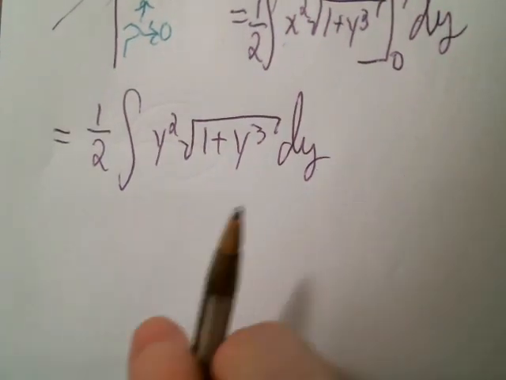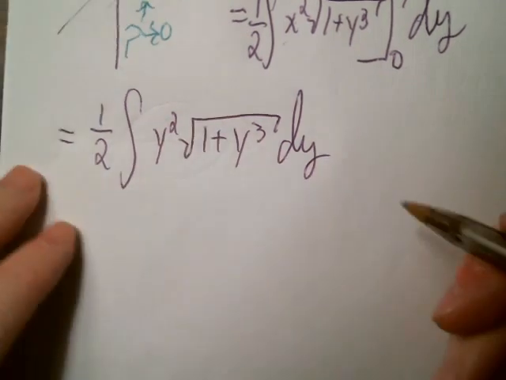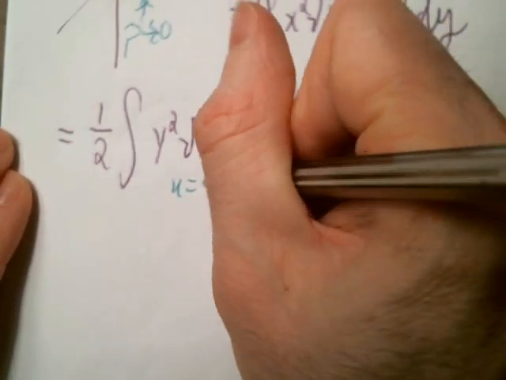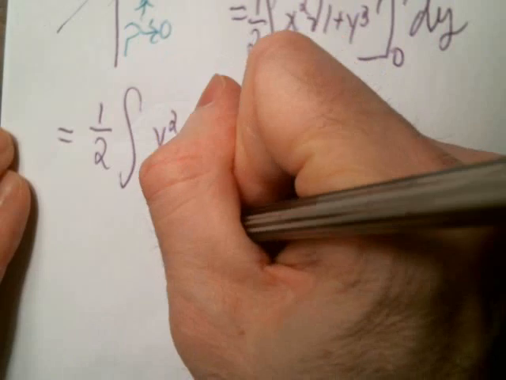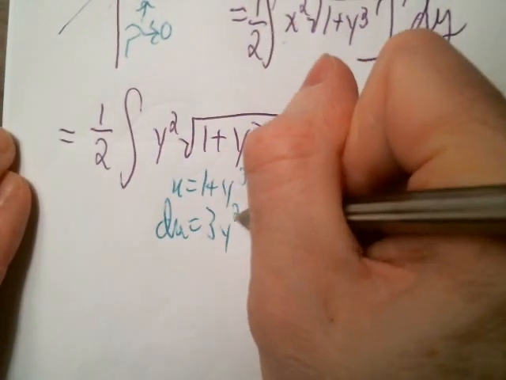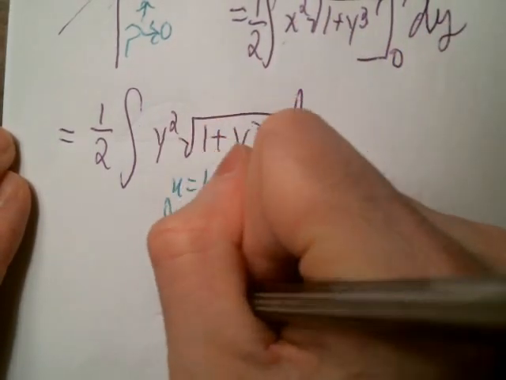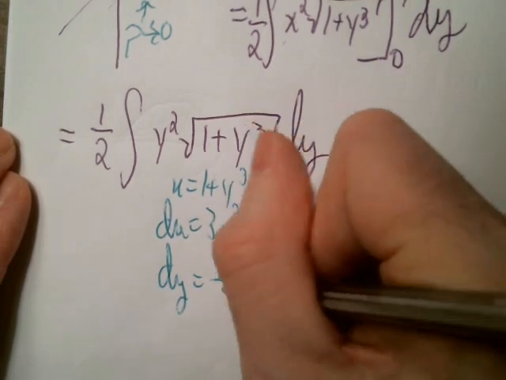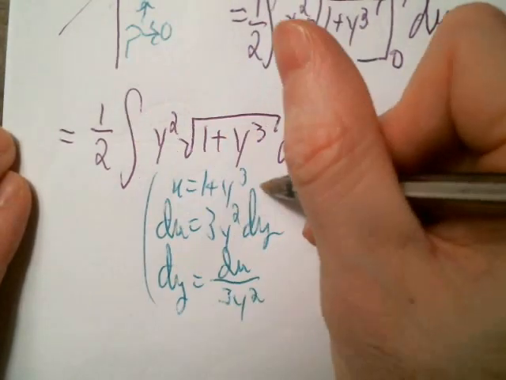I can do it, but it's going to require a u sub. So u is 1 plus y cubed. Then du is 3y squared dy, so dy is equal to du all over 3y squared.